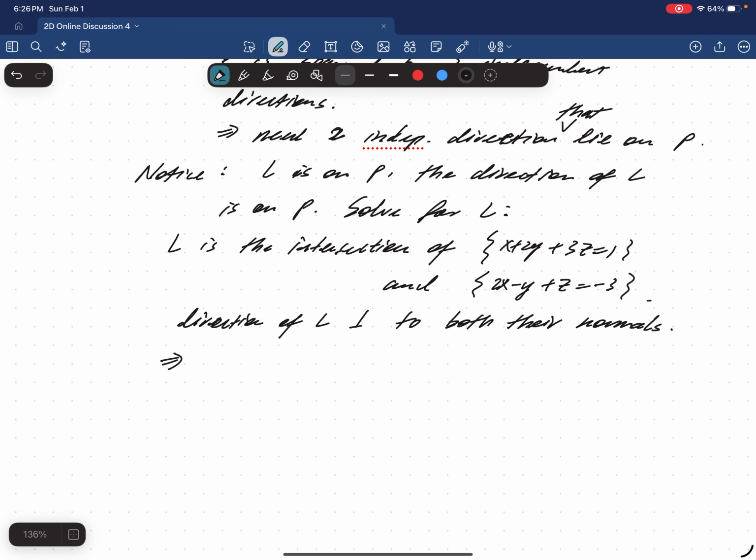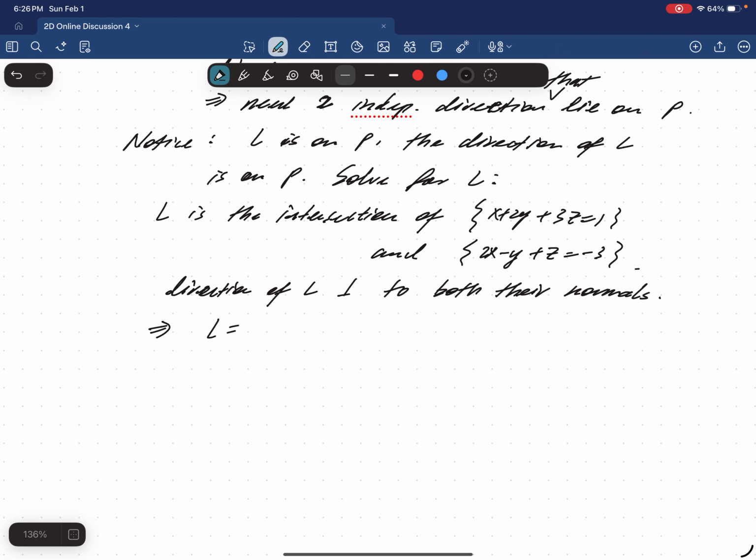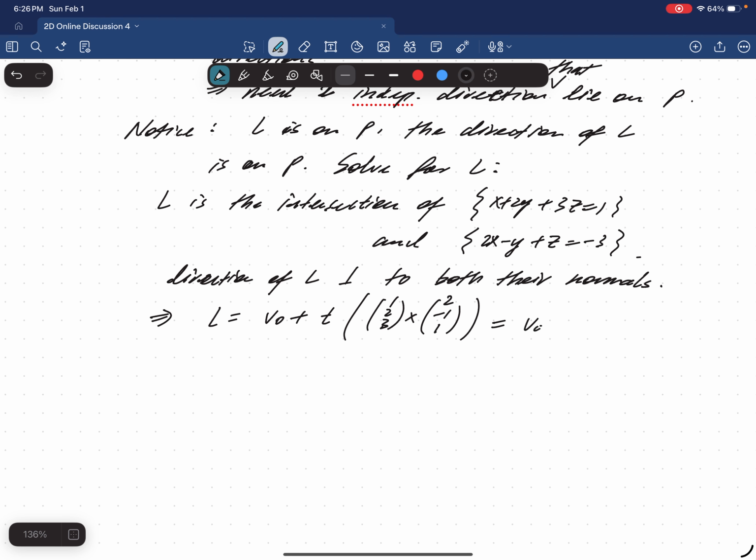So I can compute the cross product of the normals of the two planes that intersect. So L can be written as V0 plus t times my direction vector, which is the normal of the first plane, (1, 2, 3), cross the normal of the second plane, (2, -1, 1). So it's going to be V0 plus t times (5, 5, -5).